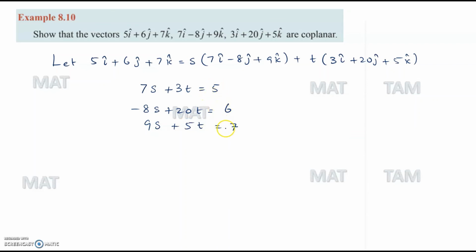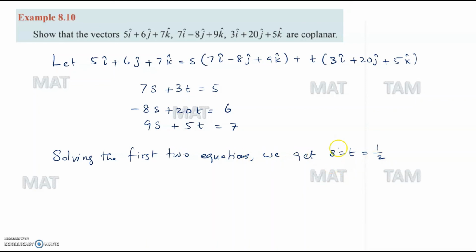So if we solve these three equations, solving the first two equations, we get s is equal to t is equal to 1 by 2, which satisfies the third equation.